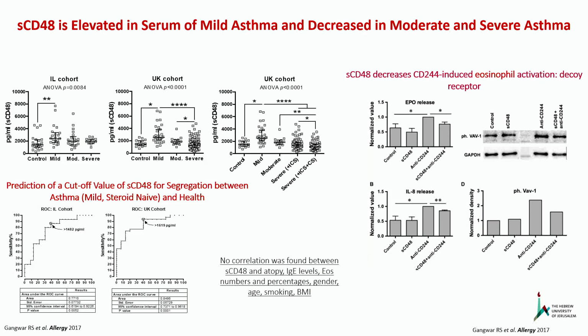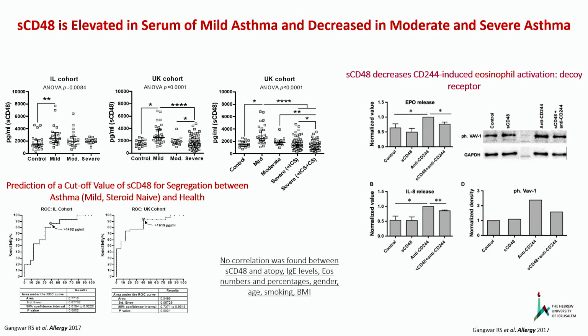We were curious if we could design CD48 as a marker of asthma, but it's not convenient to use a membrane marker. Therefore, we looked for the soluble form of the mediator, which we thought would correlate with the cellular expression.